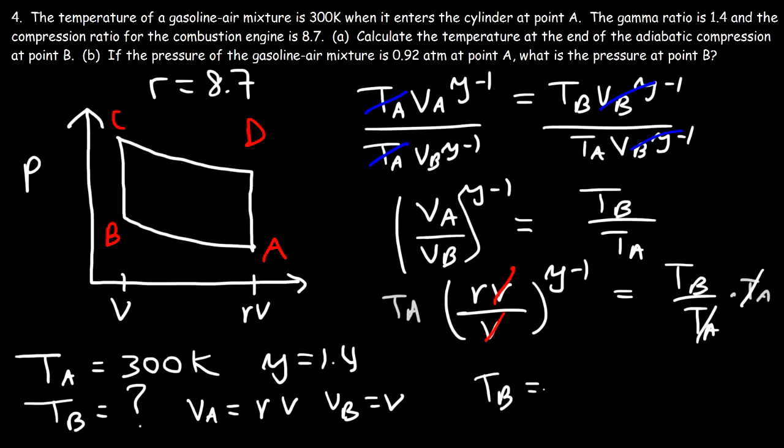So TB is TA times the compression ratio raised to the gamma minus 1.